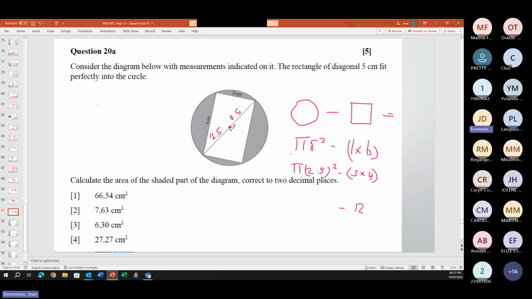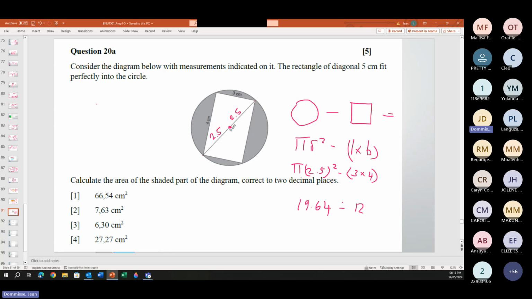Let's just work out that circle. So it is pi, wait, let's start with 2.5. My calculator can't do it the other way around. So 2.5 times 2.5 is equal to 6.25 times pi, which is equal to 19.64.